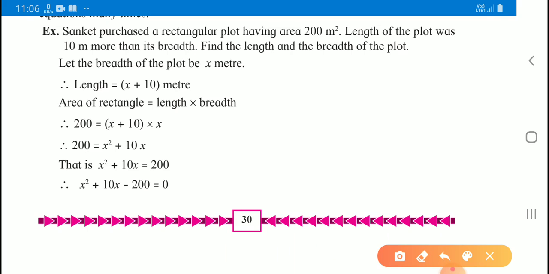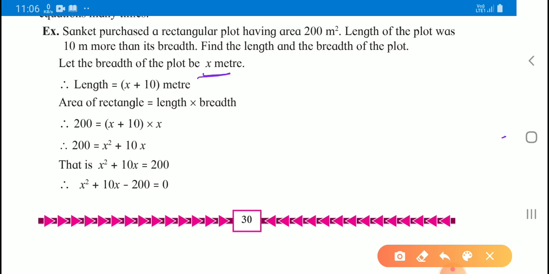Here they have given the area of the rectangular plot. As you know, area of a rectangle is length multiplied by breadth. Okay. Now here we will consider the breadth of the plot as x meter.